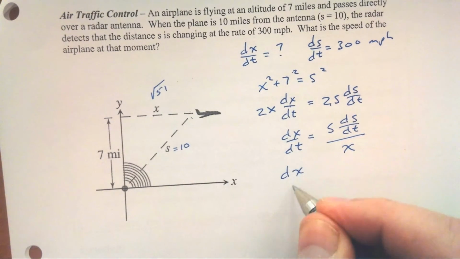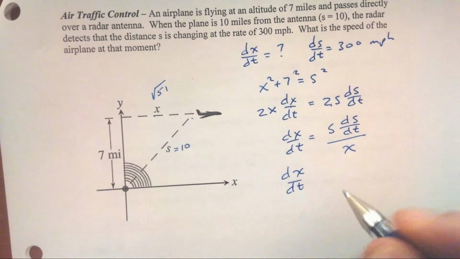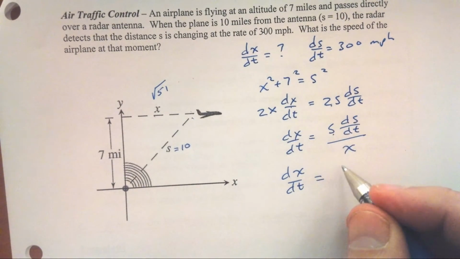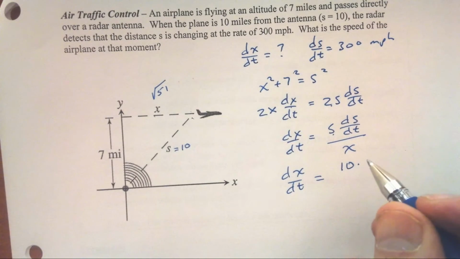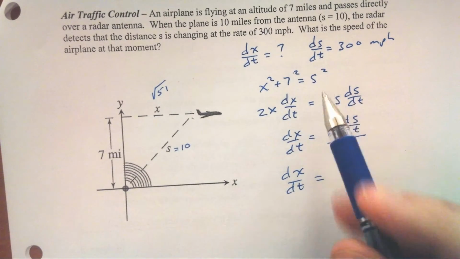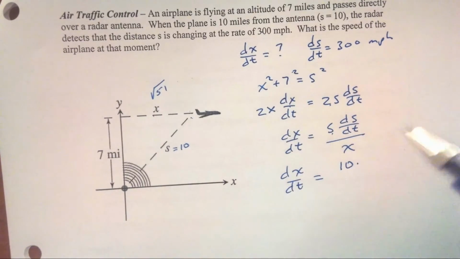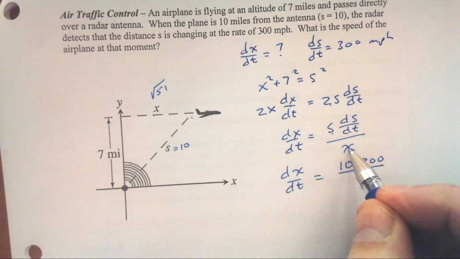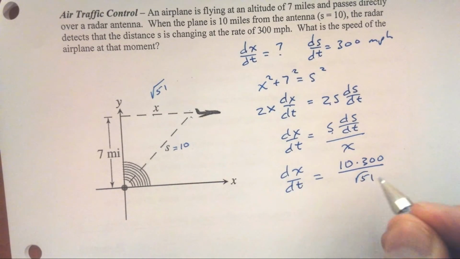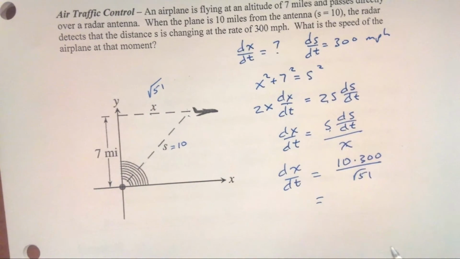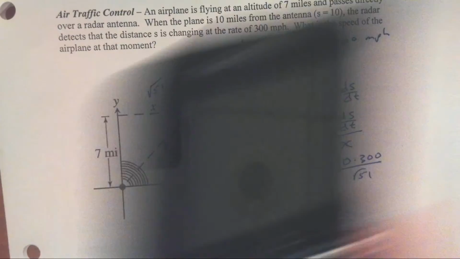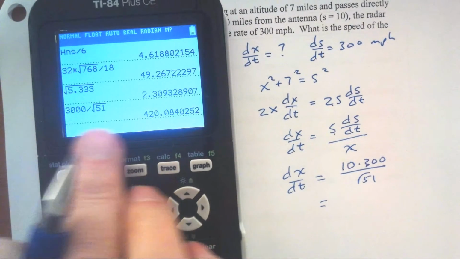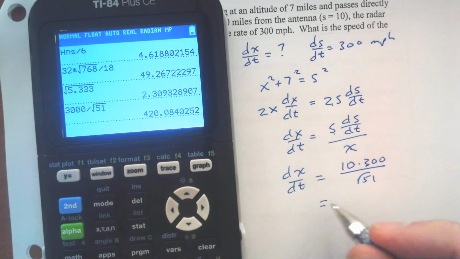So dx dt, what it is I'm looking for, equals, at one given instant, s is 10, ds dt is known to be 300 at that instant, and x is root 51 at that instant. So I get 3,000 divided by root 51.